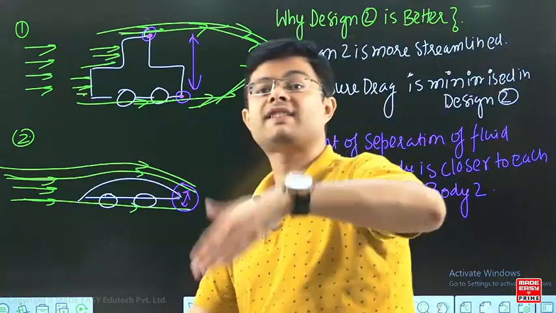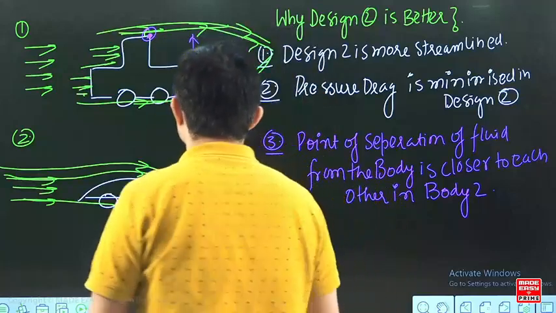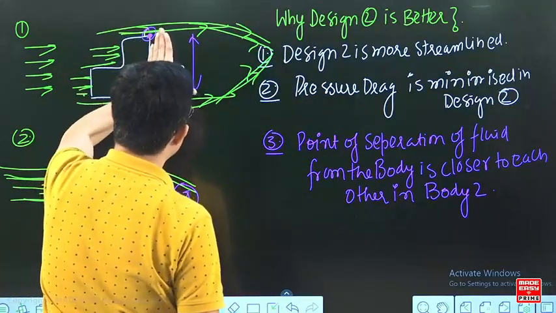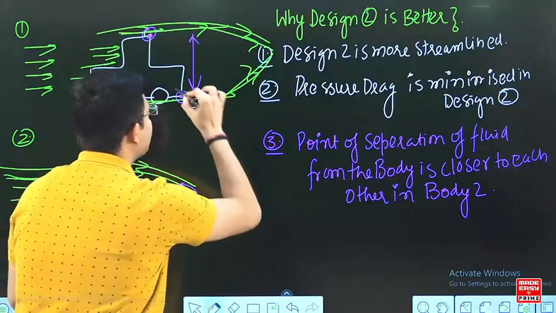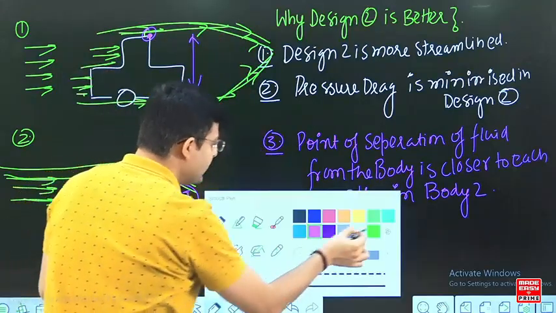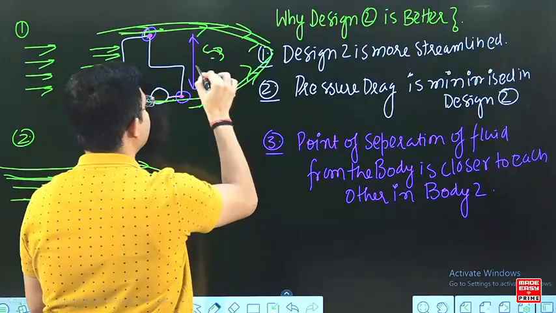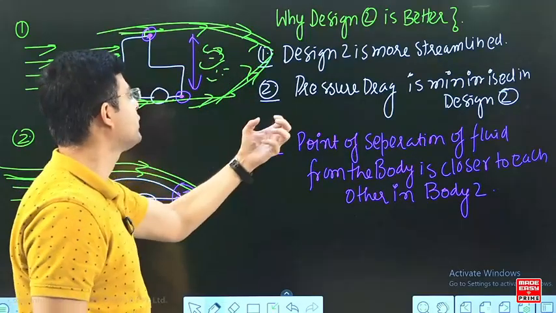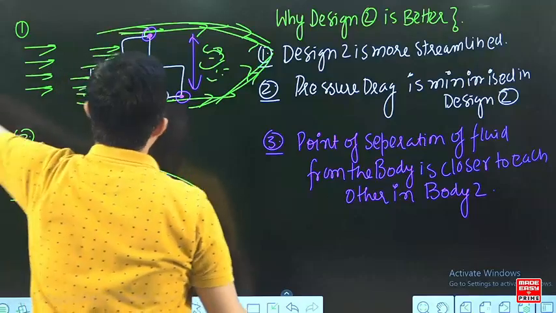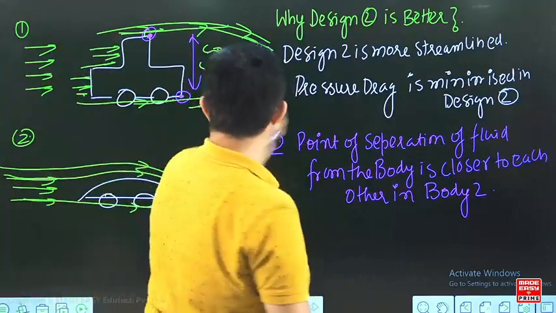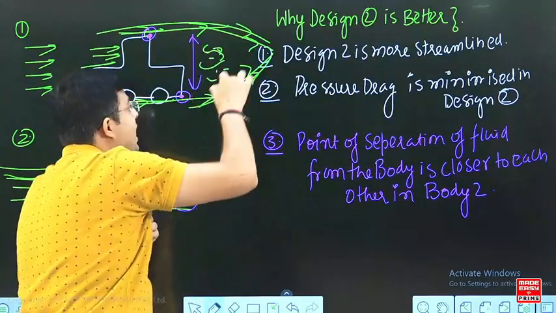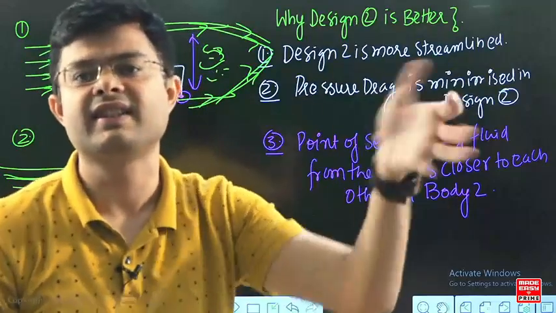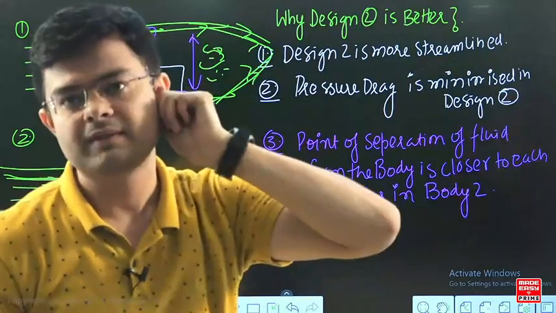Now, why is this preferable? See, what is actually happening is, if the points of separation are very far apart, then just behind the body very few molecules of fluid are there, because the main flow is taking place like this. So just behind the body, fewer molecules are there, only vortices and eddies are going to be there.